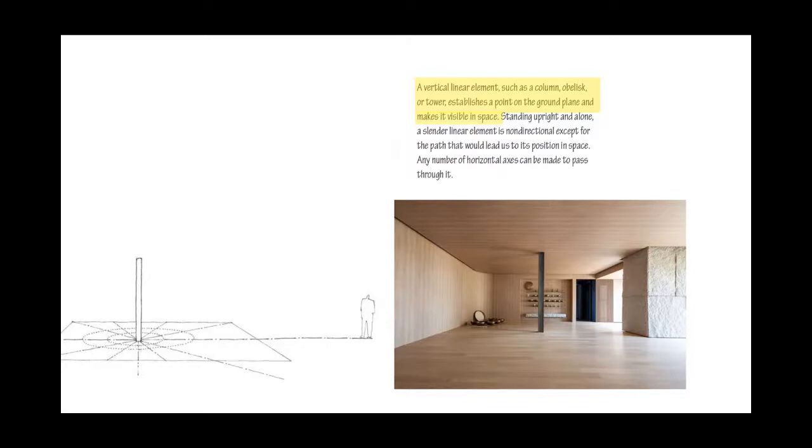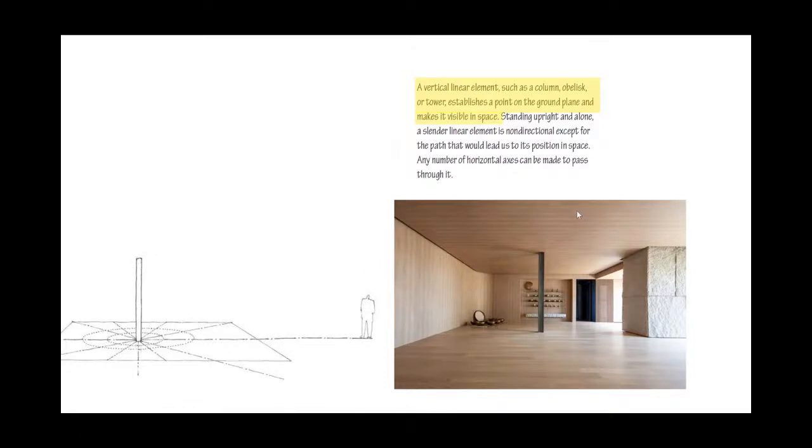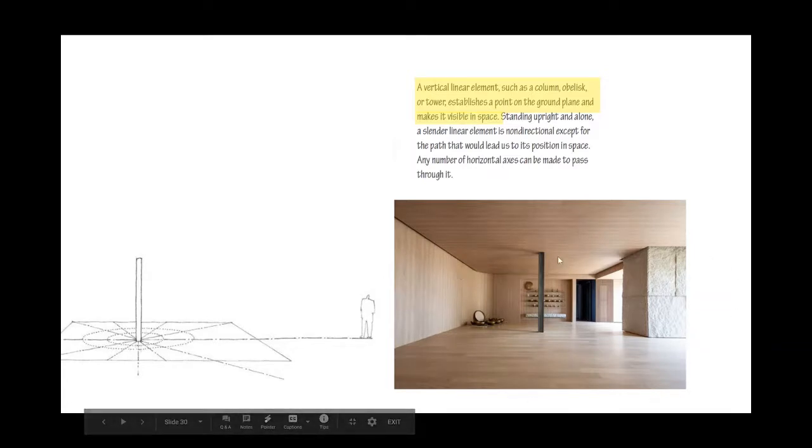It establishes a point on the ground plane to make it visible in space. So this is one very interesting application in which, out of the vastness of the space, you have a singular slender linear element in relation to a massive scale of stone, I think, column on the right side.